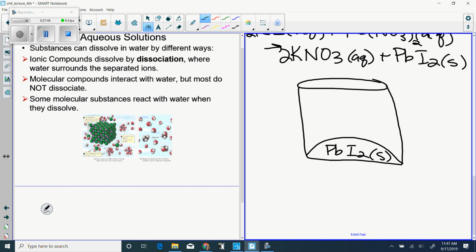Our KNO3 is aqueous. Aqueous really means that it is dissociated into its ions. When things are aqueous, they also have water molecules in the correct orientation, positives to negatives.